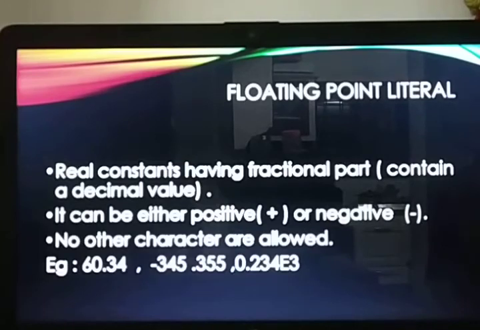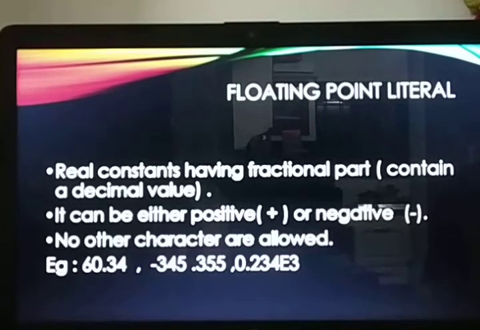Next we have floating point literals. Floating point literals, also known as real constants, are literals having a fractional part. That is, they consist of decimal values. It can be a positive or a negative number.